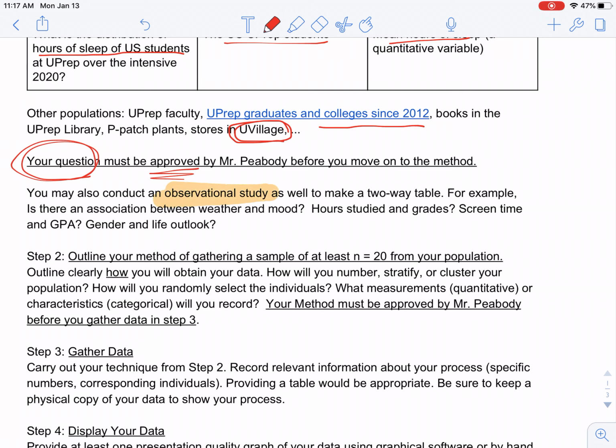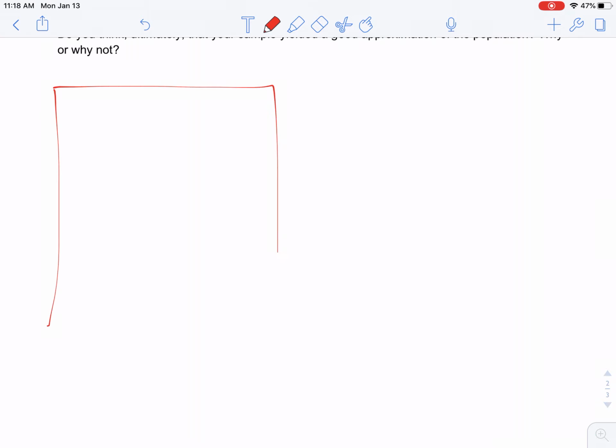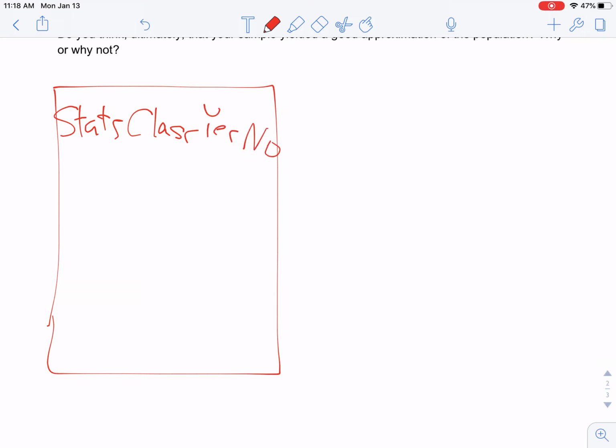So you'll see what this is in a few days when we compare it to experiments. An observational study would just be, for example, to see if there's an association between two things. We did this with a two-way table. So say, for example, I hung out at the Safeway and I asked people if they took a stats class, yes or no, and then I asked them about their happiness level.